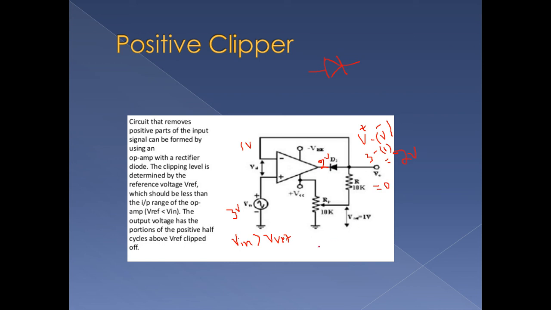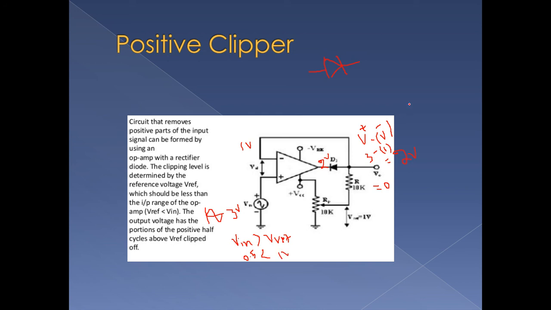So let's see the condition for Vin less than Vreference. The reference voltage is 1 volt. Suppose I am considering 0.5 volt of positive peak and the reference voltage is 1 volt.